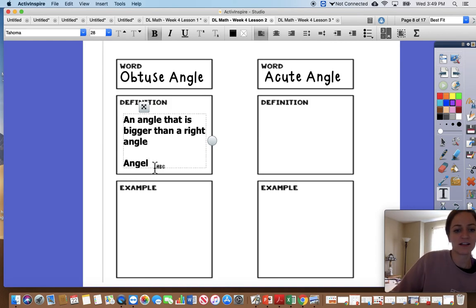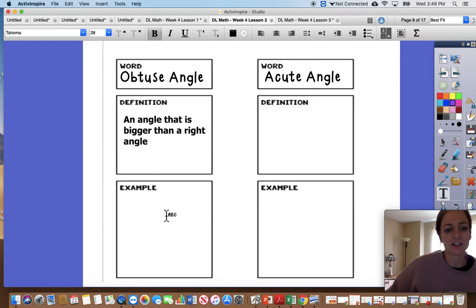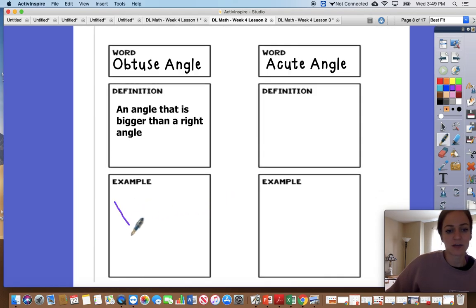If you write it like that, you're talking about angel the person, someone with wings. So you need to spell it G-L-E for an angle like what we were talking about, okay? And then you need to draw some examples. So for an obtuse angle, I have to make sure it's bigger than a square. These are all examples of obtuse.